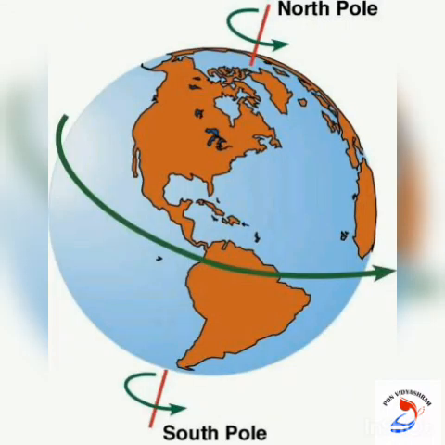The globe can be moved around this needle from west to east, just as the Earth moves. But remember, there is a major difference. The real Earth has no such needle. It moves around its axis, which is an imaginary line.